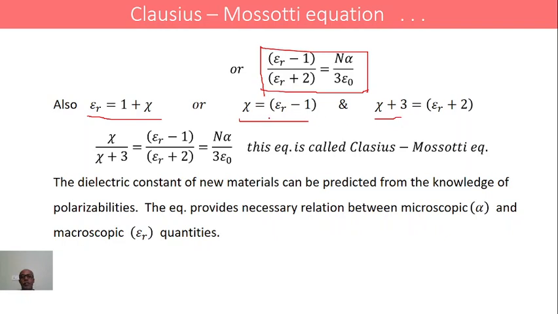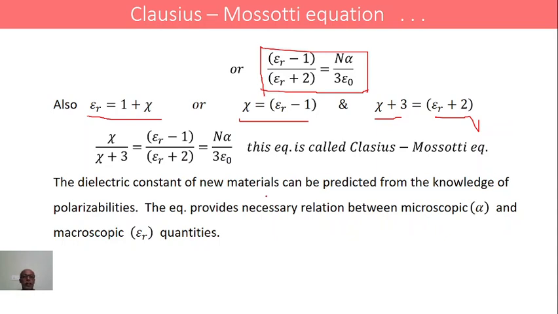We get chi plus 3 equals epsilon r minus 1 plus 3, that is equal to epsilon r plus 2. Therefore, this can be written as chi and this can be written as chi plus 3. Therefore, chi by chi plus 3 equals epsilon r minus 1 by epsilon r plus 2, that is equal to N alpha by 3 epsilon naught.